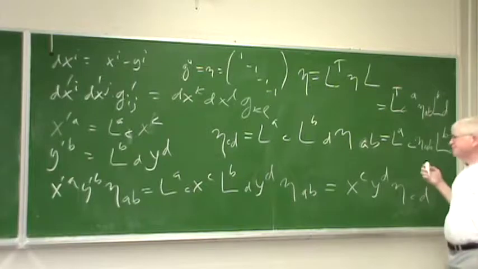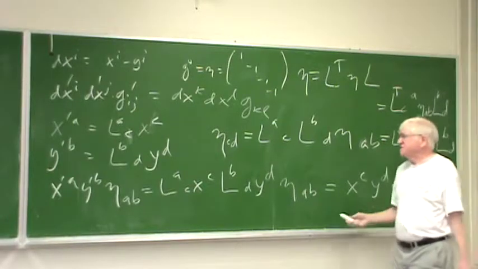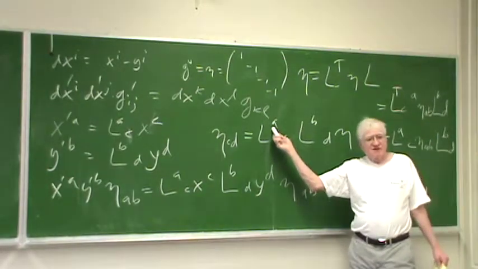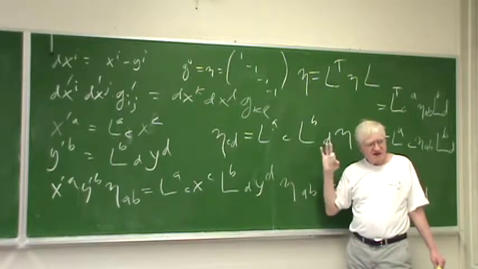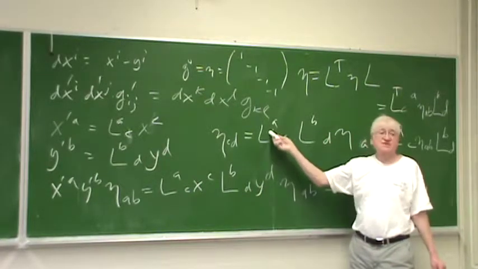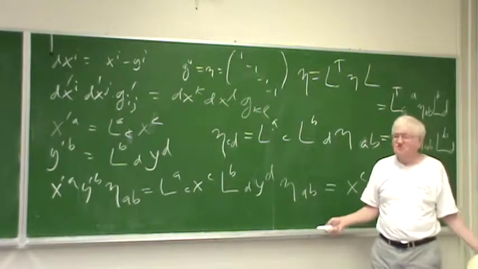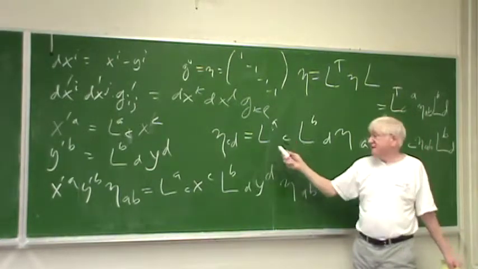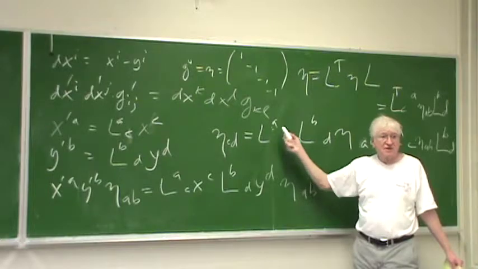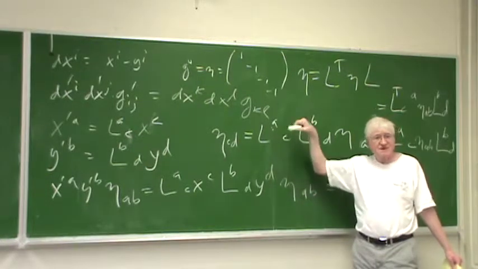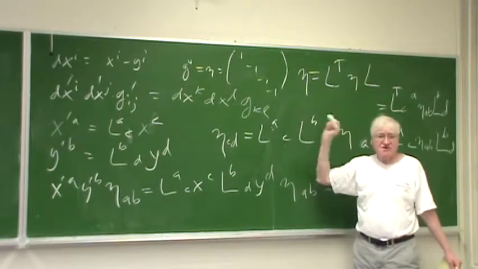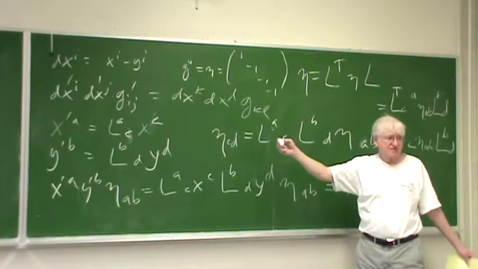Now notice, in this business, the first index is a row index. If you want to go from tensors to matrices, the first index is a row index, but you can only do it for tensors of rank 2. First index, row index, second index, column index, whether it's up or down. Whether it's up or down tells you how it transforms under coordinate transformation.